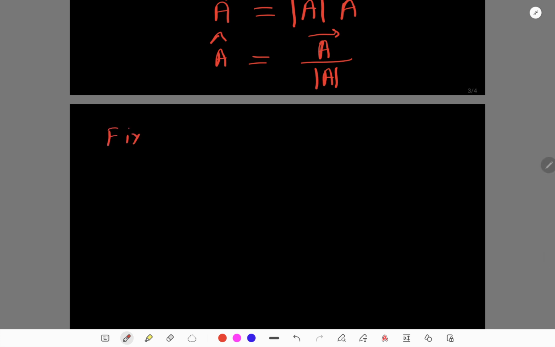Now fixed vector. If a vector has its initial point fixed, then we call it a fixed vector. Here you can see that vector A has an initial point and it is fixed, then we can say that vector A is a fixed vector. Free vector.